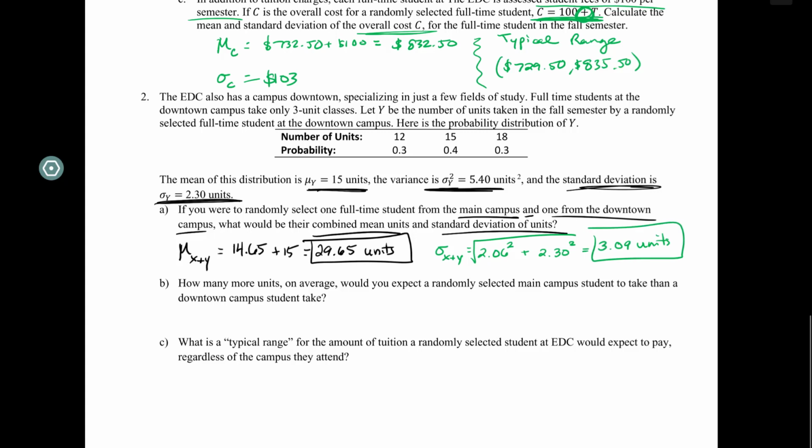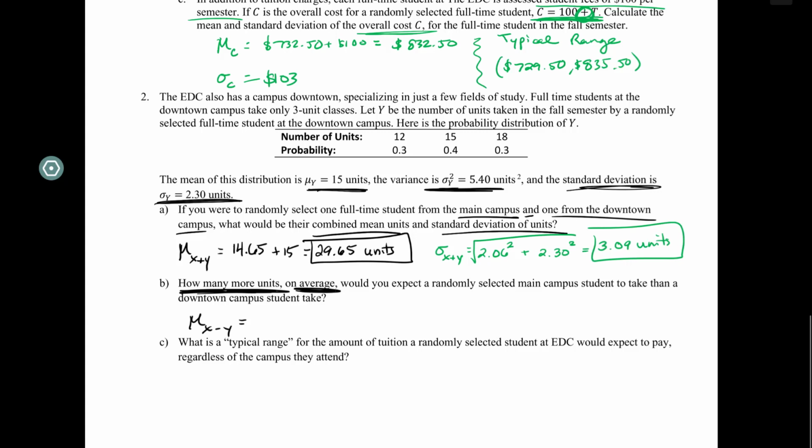Now, our next question: how many more units on average would you expect a randomly selected main campus student to take than a downtown campus student? Here's what I see. How many more units? To me, that says we're looking at the average difference. What's the difference on average between these two campus students? Difference is subtraction, and means can be subtracted. That's completely fine.